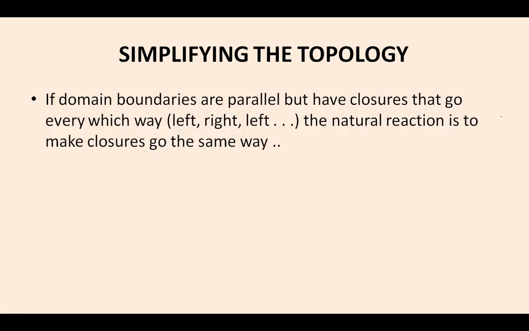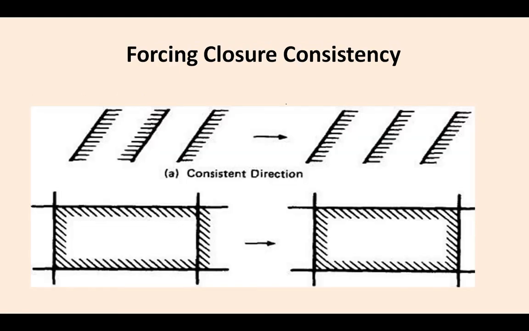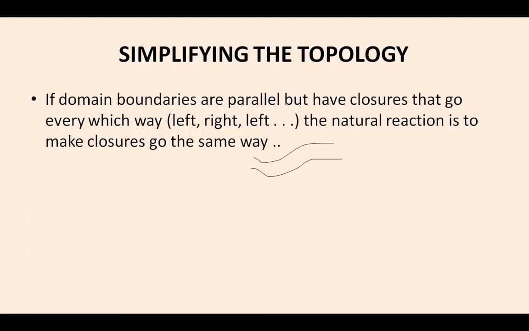If domain boundaries are parallel but have closures that go every which way, the natural reaction is to make the closures go the same way. So the domain boundaries are parallel, and we can make them closures. That means we can remove any inconsistencies or irregularities, and we can make it regular, complete, and consistent.